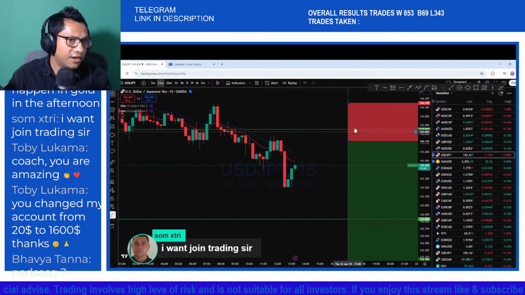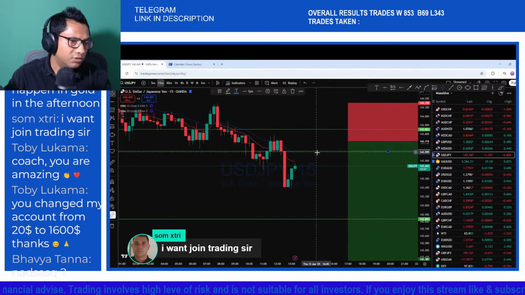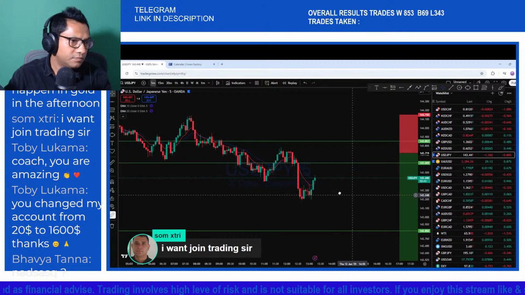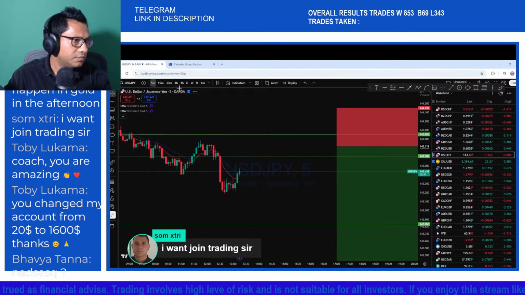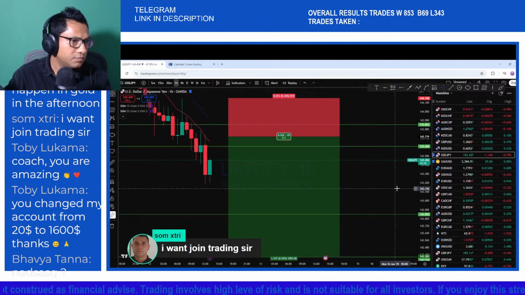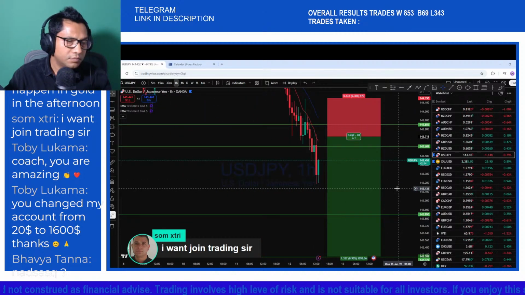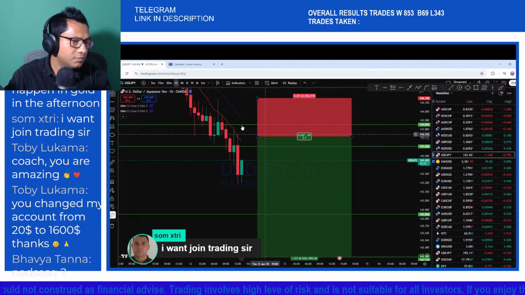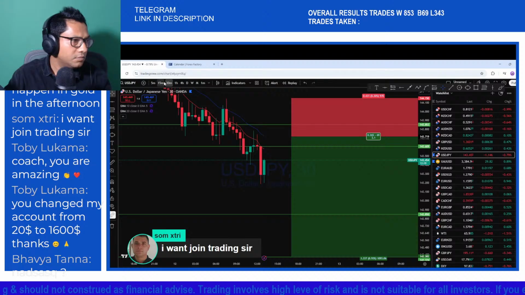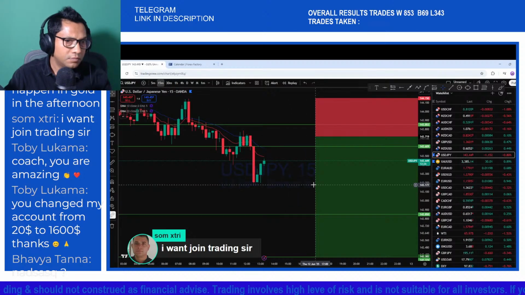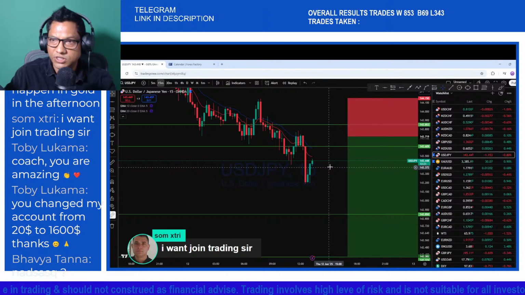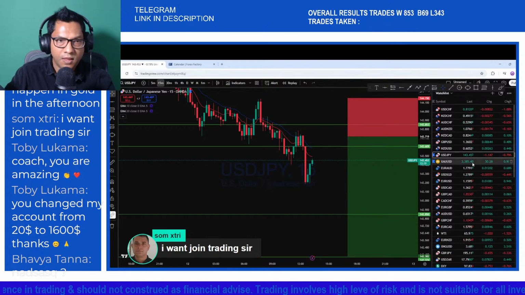It's going for a neckline retest here, or pushing back to the upside. It's on a pullback. Once we see that entry, we can look for that.